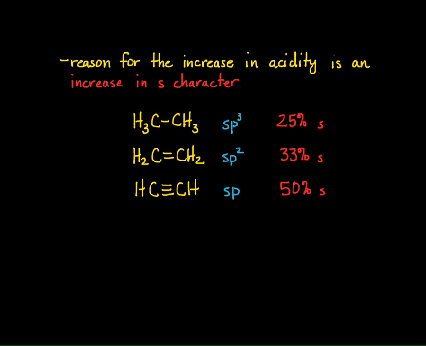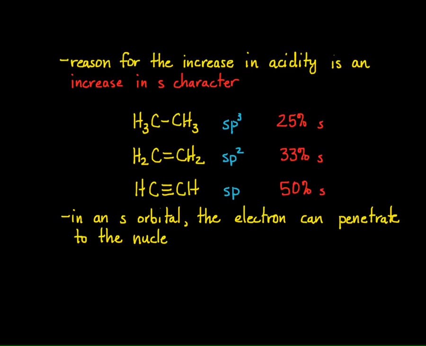A p orbital has a node at the nucleus, so the electron's probability of penetrating to the nucleus is non-existent. In an s orbital, while the electron may reside further away, it can penetrate into the nucleus, and this lowers the energy of that orbital.